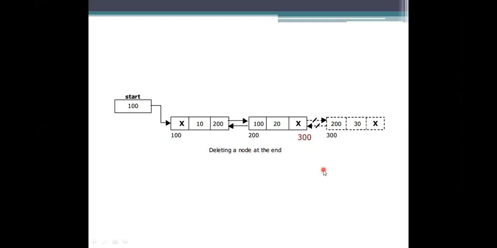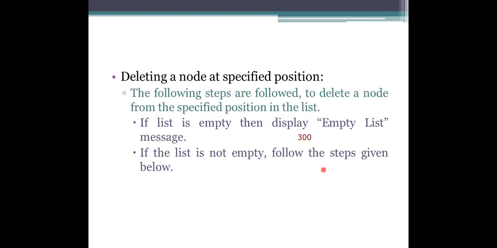The right part of the node, which is representing the null, is indicated as the last node of processing. After deleting that one, just update the values there. The update is that the previous node will be considered as the last node, so we take null for the right side of that one. So that is the deletion of the node at the end.